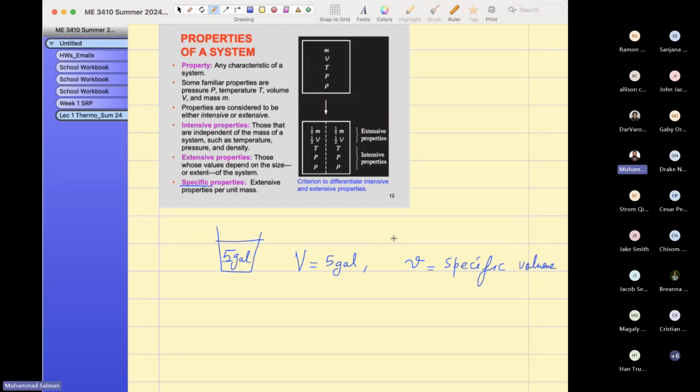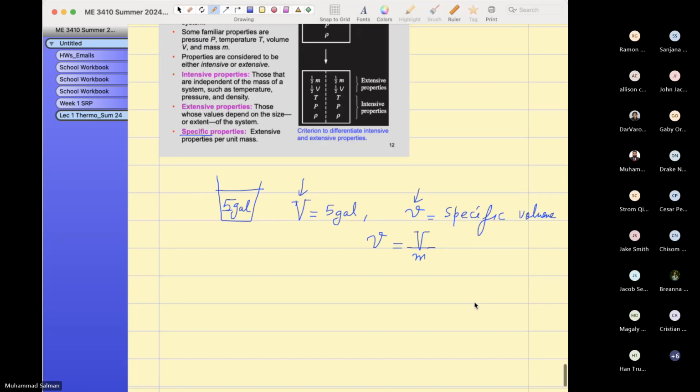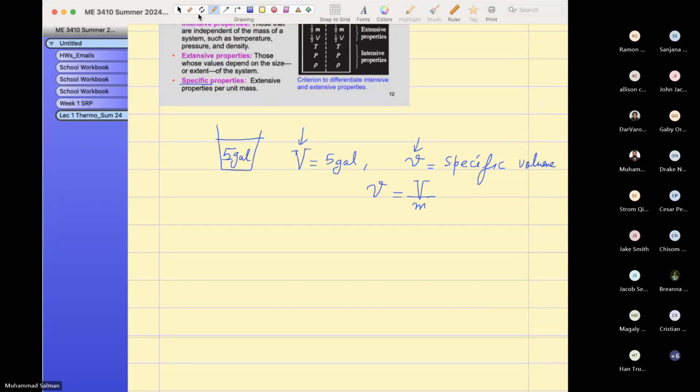Specific quantities are always small letters. This is a small letter, this is a big letter, this is the actual volume, the 5 gallon bucket. But for the specific volume, you are specifying per unit mass: the total volume divided by the mass, whatever the mass is, like in our case 5 gallons, suppose 10 kilograms.